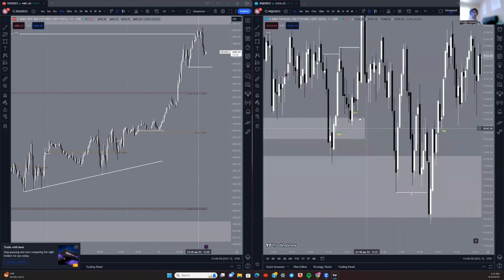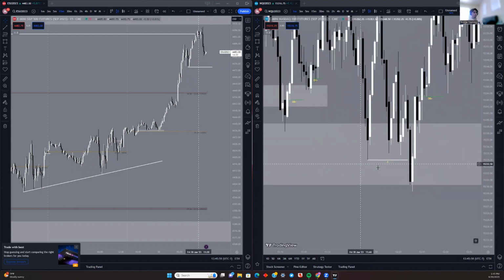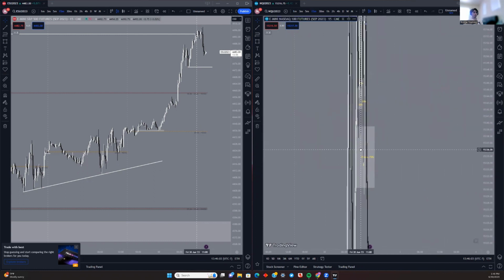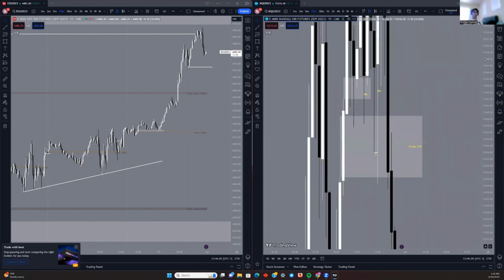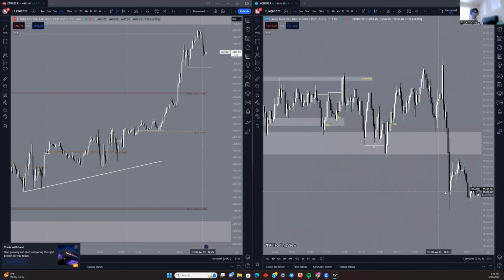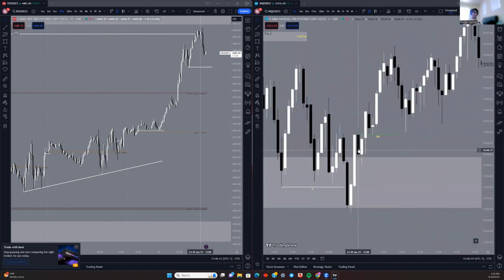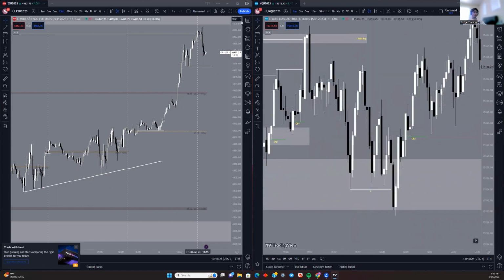Okay. The next nice entry was these stacked lows here, right? We get a stop raid into this 15-minute fair value gap. Okay. And then following that, we have an order block that forms here. Entry comes in here, and we're just looking for internal liquidity.